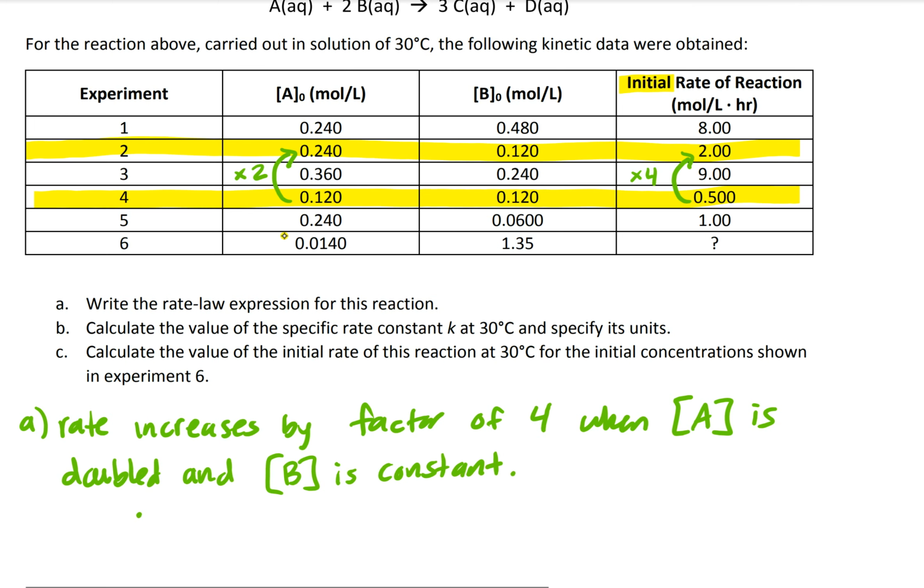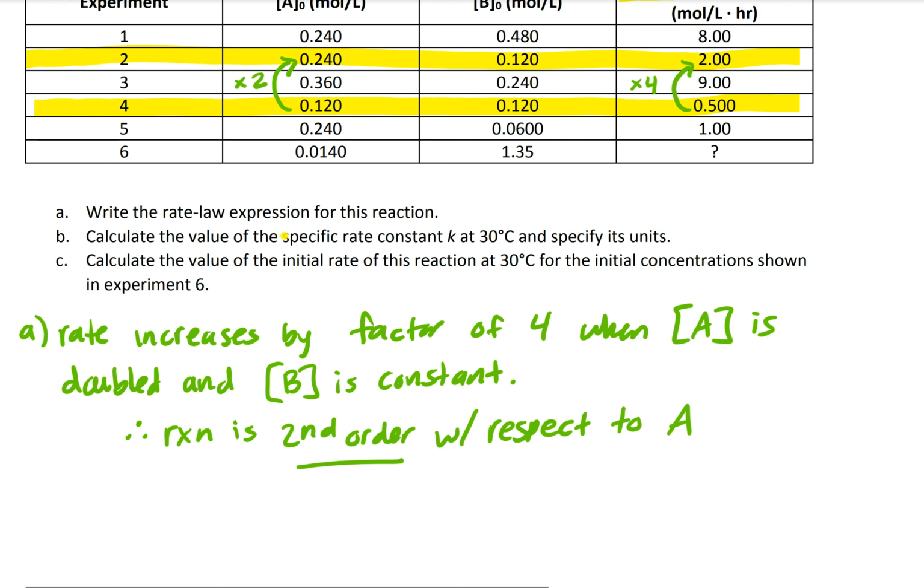Therefore, the reaction is second order with respect to A. Okay, so we're saying that A is second order, and this is just the lingo that we use in chemistry to say that it's second order. We say second order with respect to A.